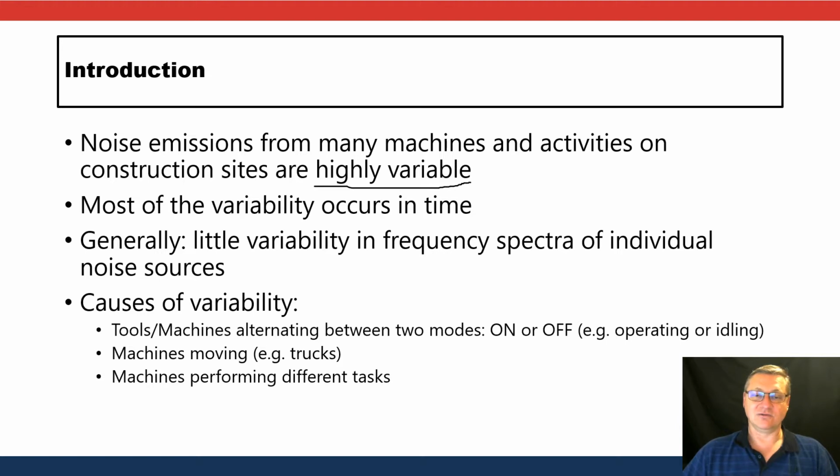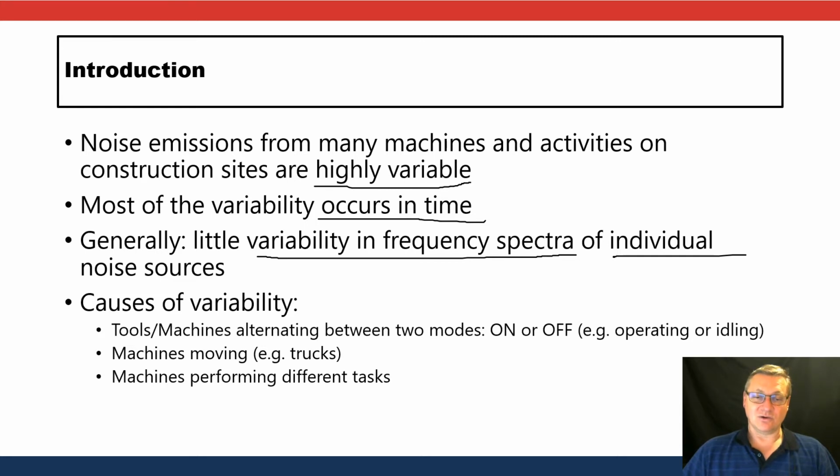And for construction sites, the phenomenon of the variability is that it usually occurs primarily in time space. So that means that there usually isn't very much variability in the frequency spectra of noise emissions from individual noise sources.